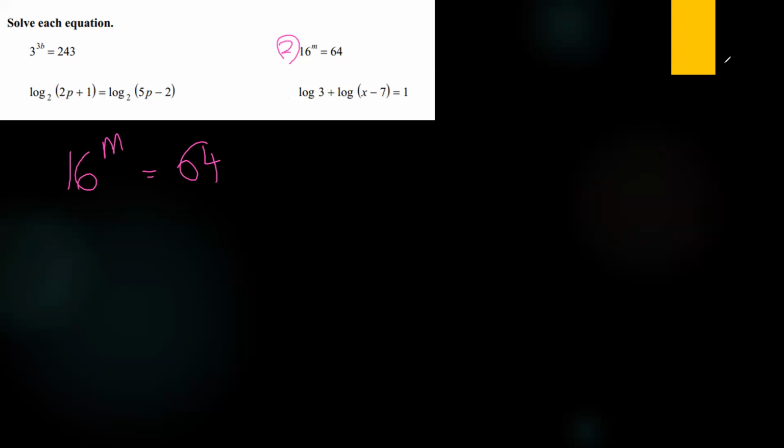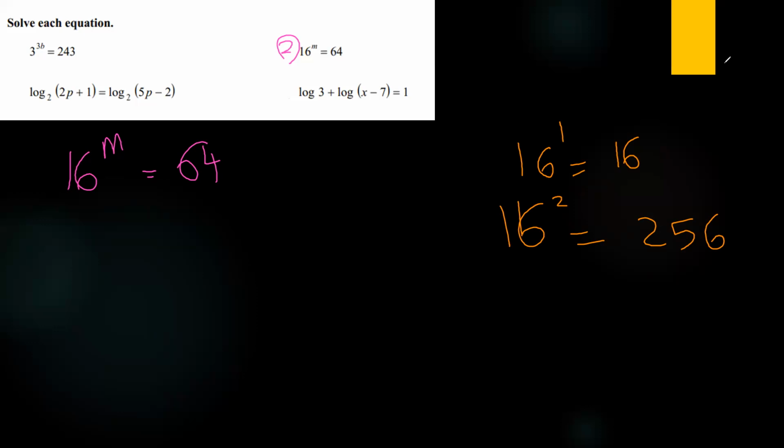Now let's see. 16 to the power 1 is 16. And 16 to the power 2 is 256. So I cannot write 64 as 16 to the power of something.